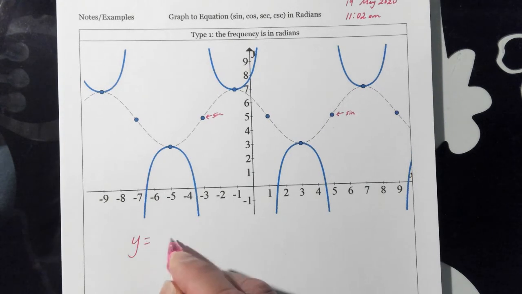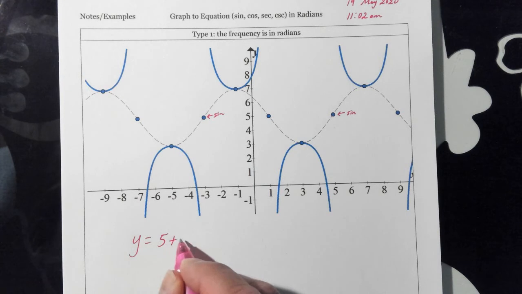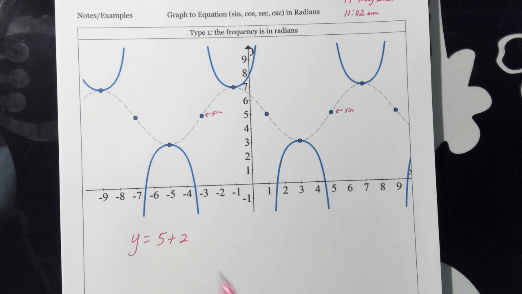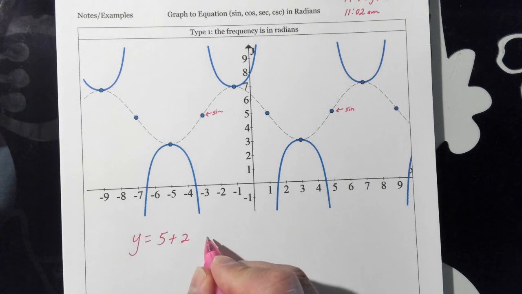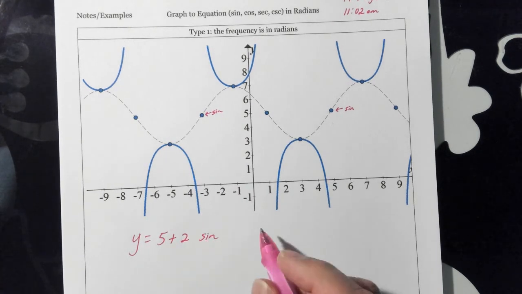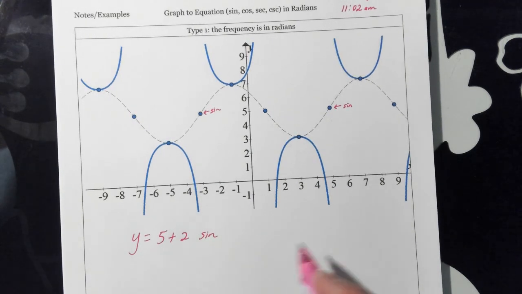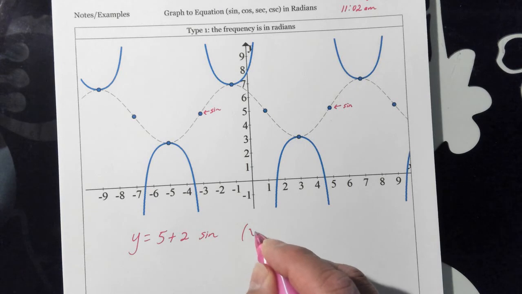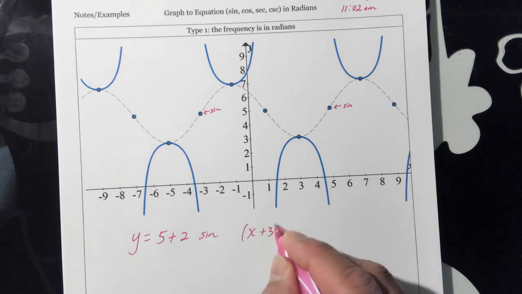Y equals, we know the sinusoidal axis is 5, we know the amplitude is 2, and let's do these first. Sine, we don't know the frequency yet, but we do know, that's -3, so it could be a +3.